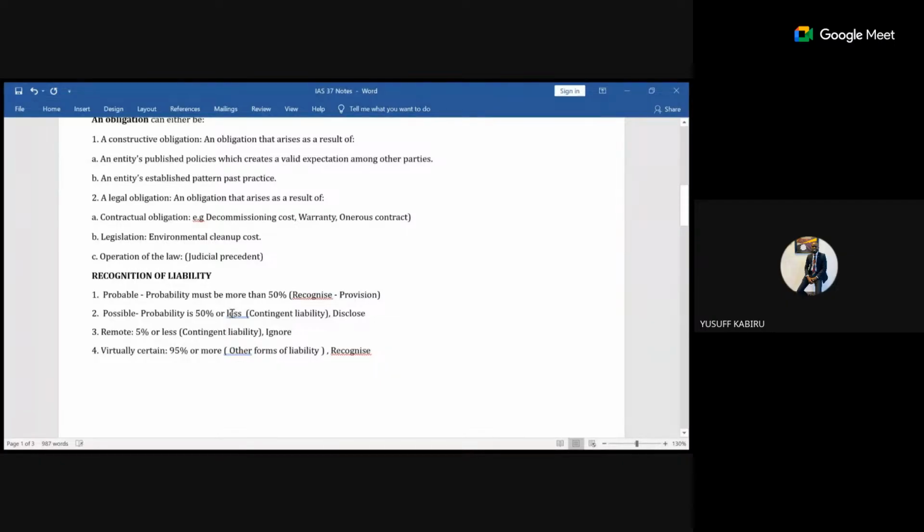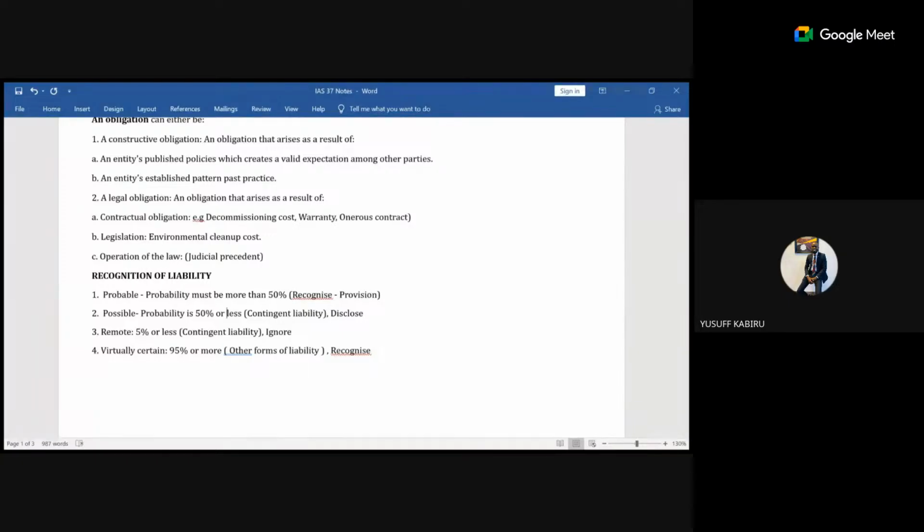Now, when it is less than 50%, IAS 37 says it is a contingent liability. And contingent liability, we are coming there, must not be recognized in the financial statement. Please, let's take note. IAS 37 says contingent liability must not be recognized because it is just a possible obligation.